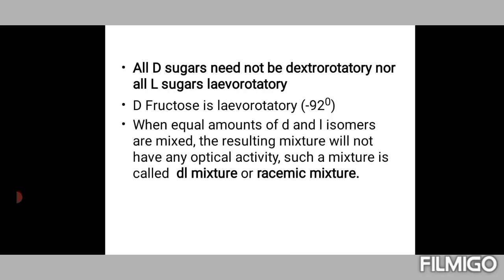All D sugars need not be dextrorotatory, and all L sugars need not be levorotatory either. And there are exceptions like D fructose, which is of the D type of configuration, but it is levorotatory, so small l. And the rotation is also shown there, negative 92 degrees.